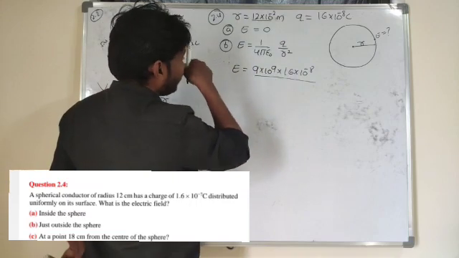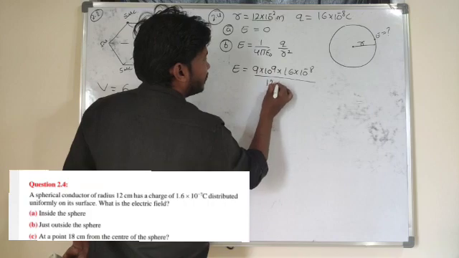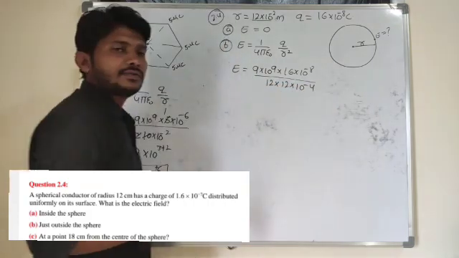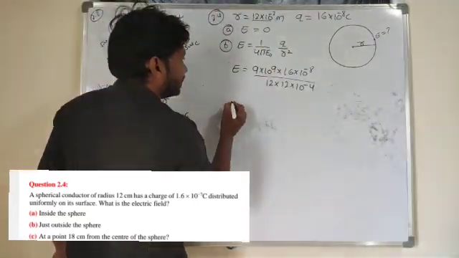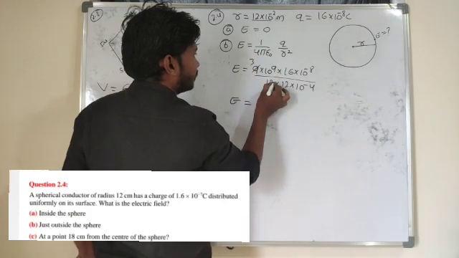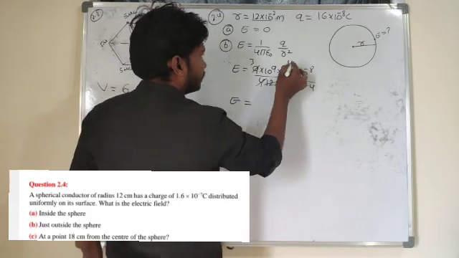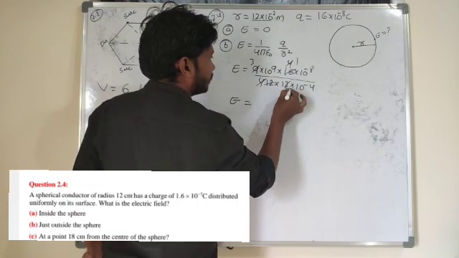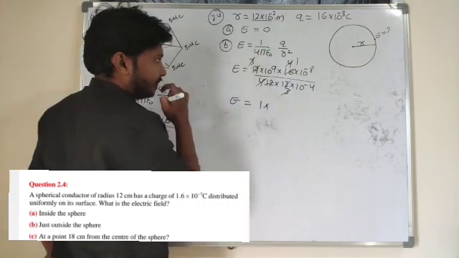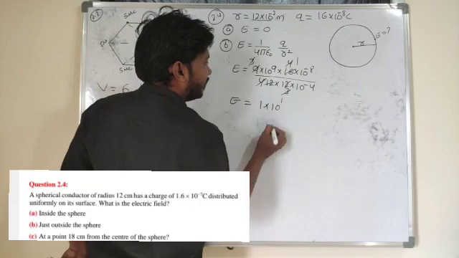Divided by R square, so 12 into 12, 10 to the power of minus 4. Simplify this equation. 1 into 10 to the power of 9 minus 8, that is 10 to the power of 1.